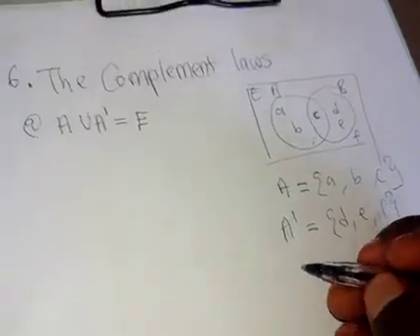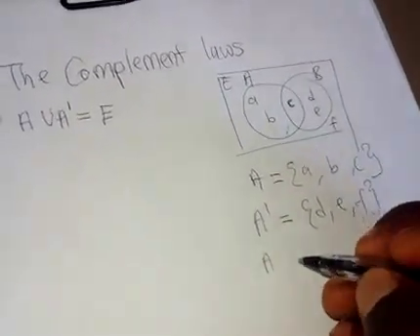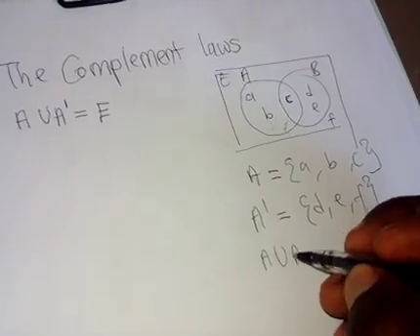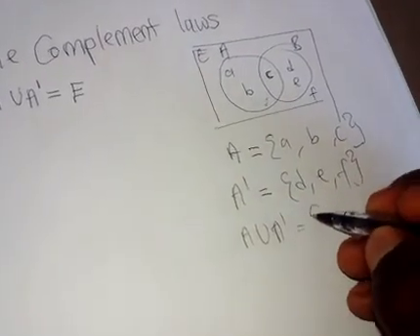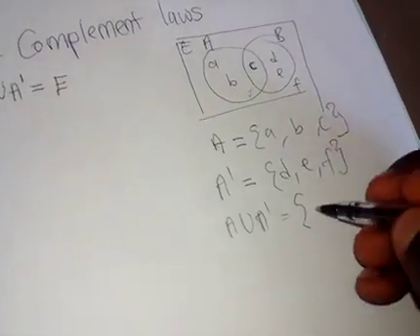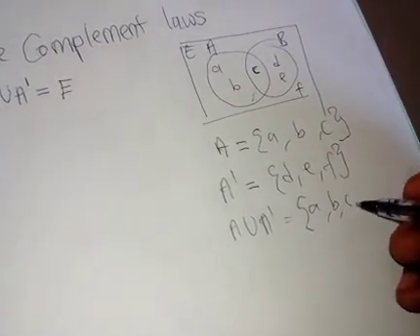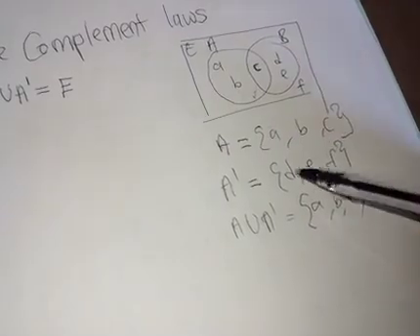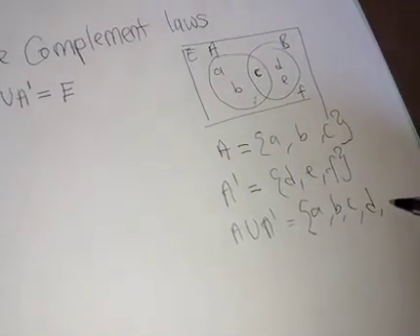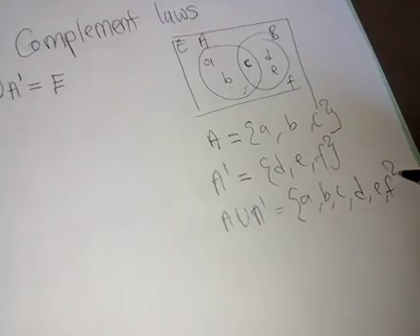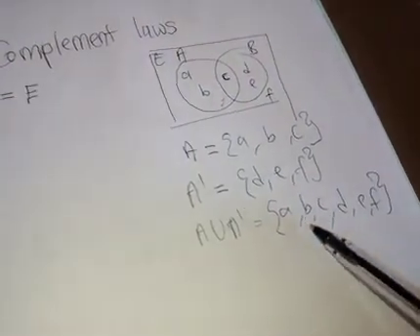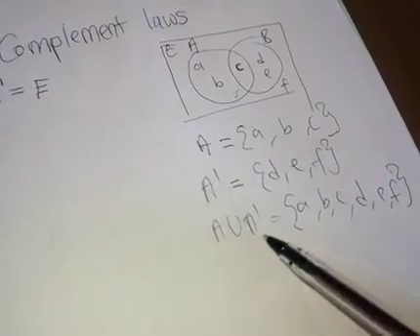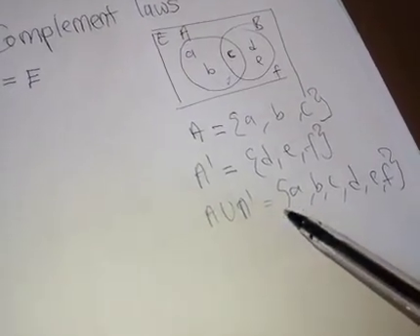Now what's the union of these two sets? A union A complement will be equal to what? Let's put everything together: A, B, C, D, E, F.